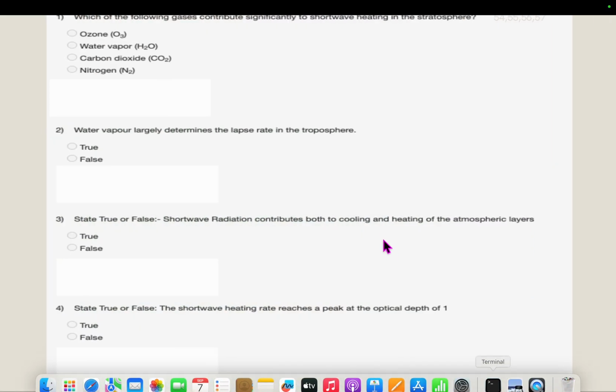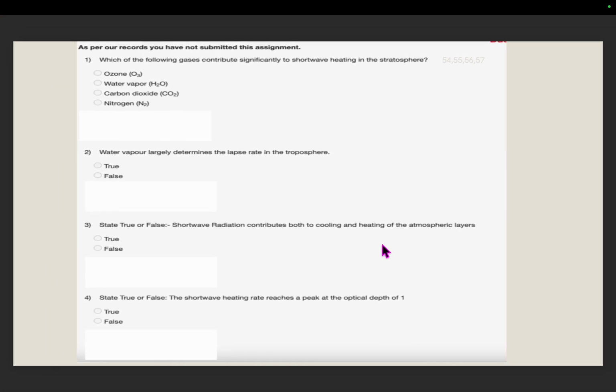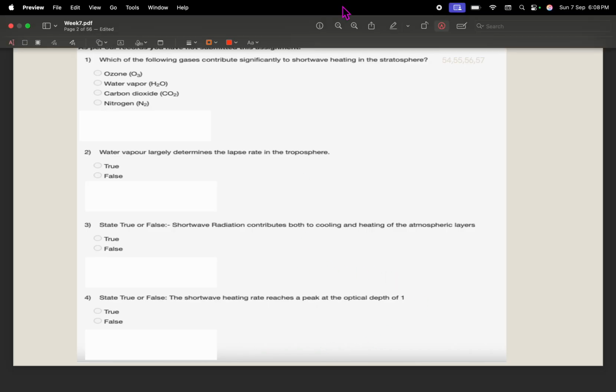The shortwave heating rate is maximum when the optical depth is 1, because I equals I0 times e to the power minus tau. As the tau value is higher, absorption is high, that means heating is high.